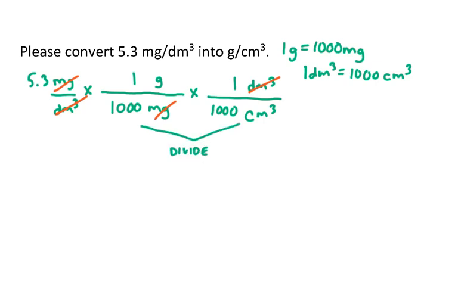Again, if something is in the denominator, we need to divide. So for this problem, I'll do 5.3 divided by 1,000 divided by 1,000. My final answer is 0.000053 grams per centimeter cubed. There you go. That's how you use dimensional analysis to convert from one unit to another.